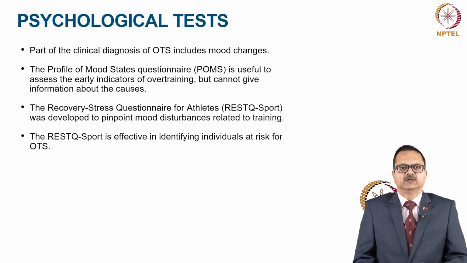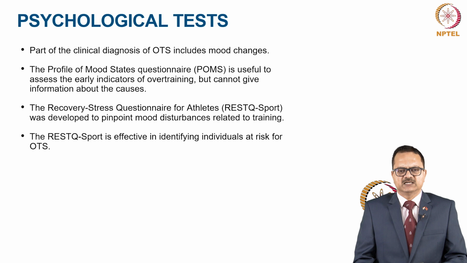Psychological tests. Part of the clinical diagnosis of overtraining syndrome includes mood changes. The profile of mood states questionnaire is useful to assess the early indicators of overtraining but cannot give information about the causes.